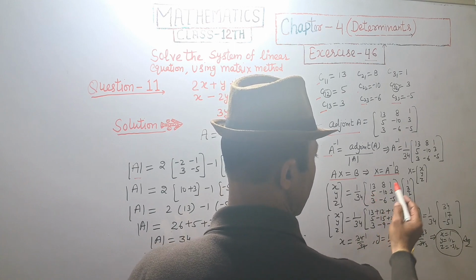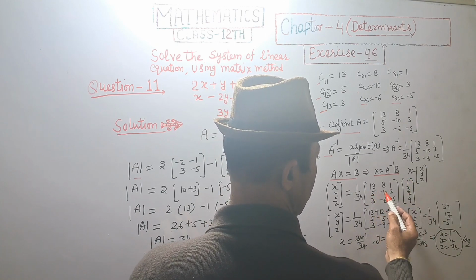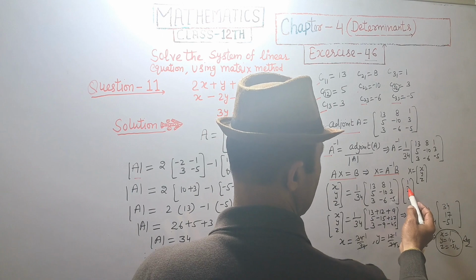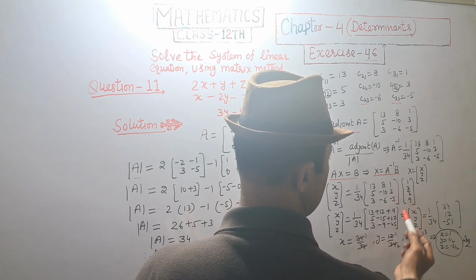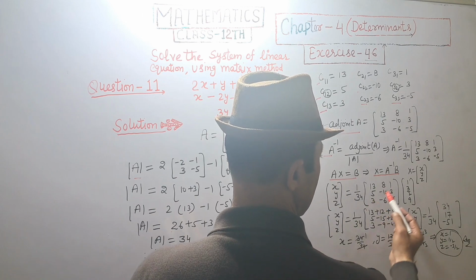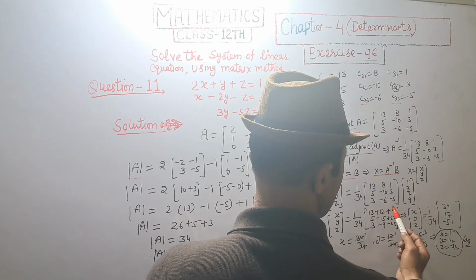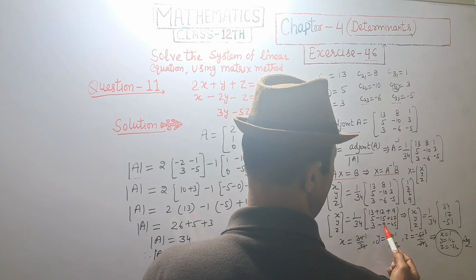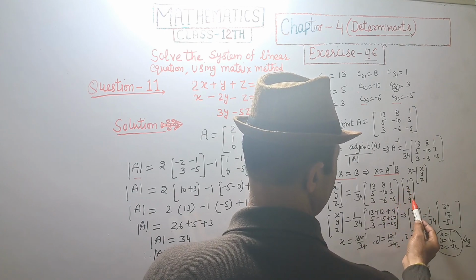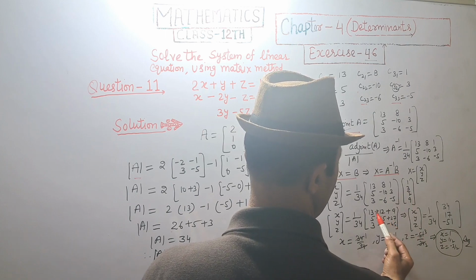Similarly 5 1s are 5, minus 10 3s are 30, and 30 divided by 2 is minus 15, 3 9s are 27. 3 1s are 3, 6 3s are 18, 18 divided by 2 is minus 9, and 5 9s are 45.